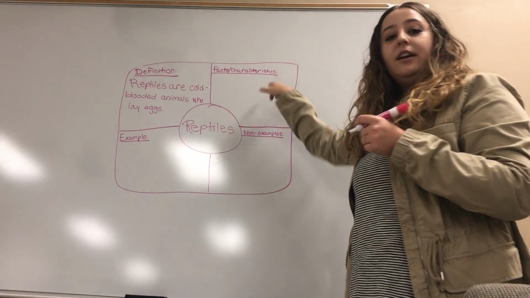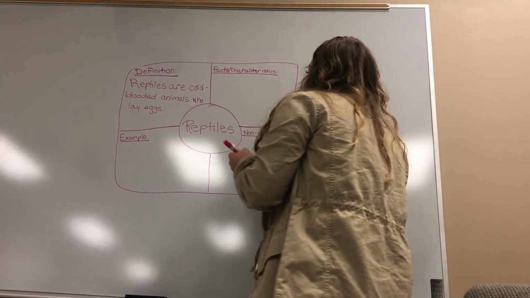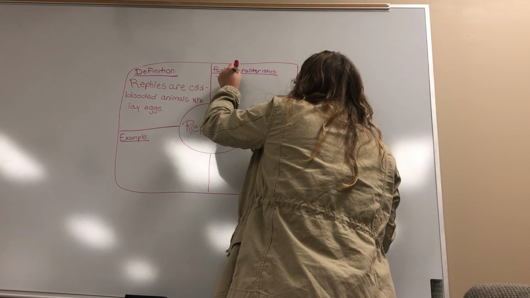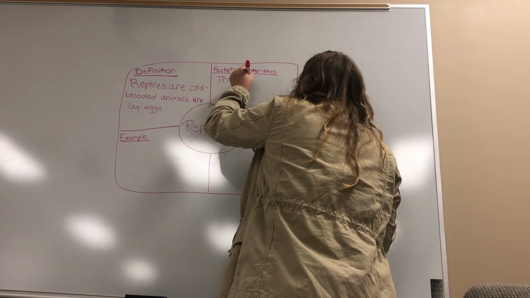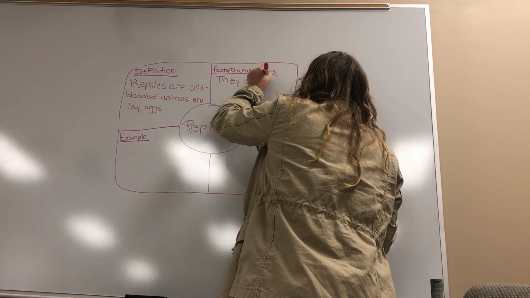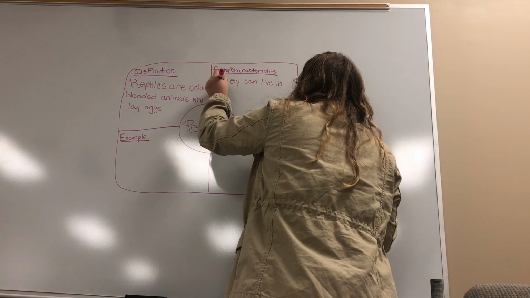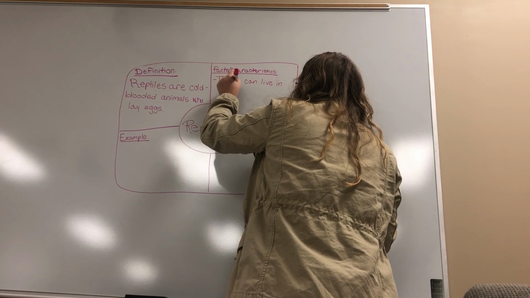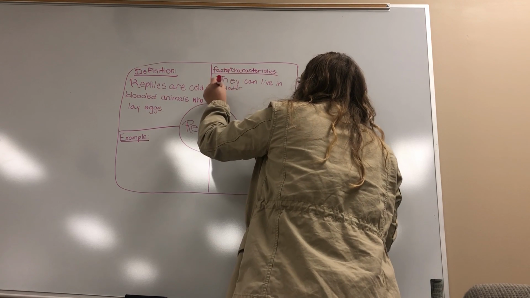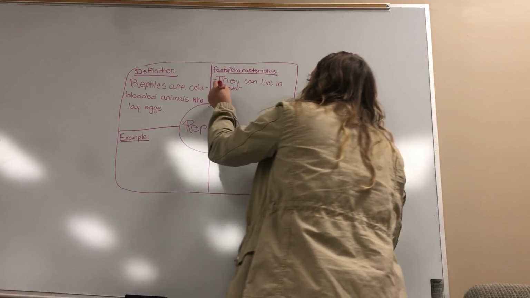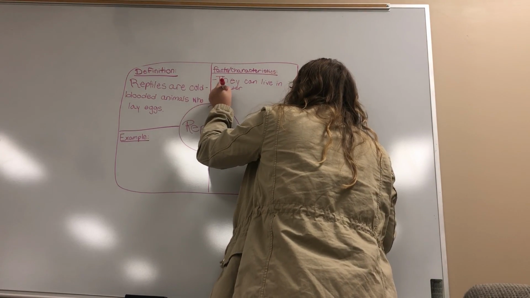Let's list some facts or characteristics. So one fact can be they can live in water. They use the sun to heat them up. I remember that in our science unit. So the sun gives them warmth.